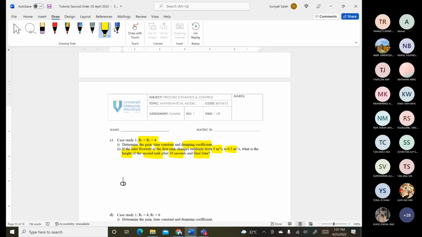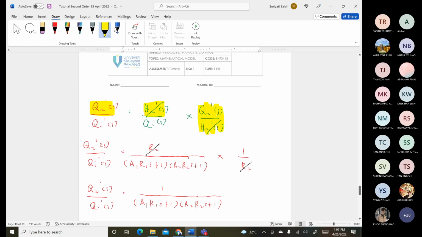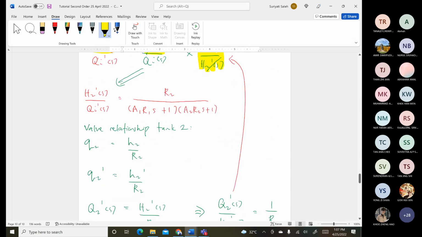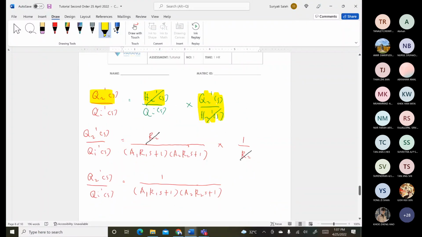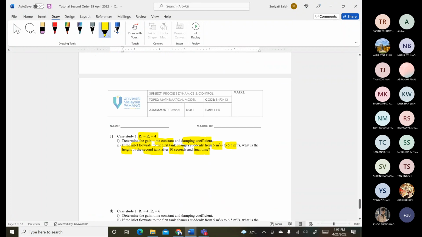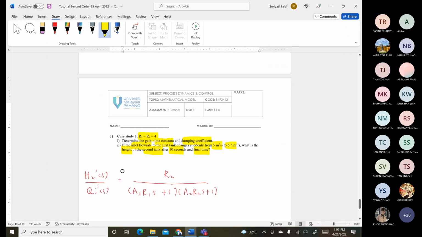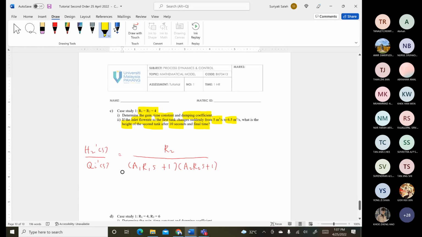So when it requires the height, that means the equation related to this case will be the following. Here, we have the height, H2 over QI. Alright, so this is the related equation that we are going to use. This represents the height, and it also has the information of the inlet flow rate.